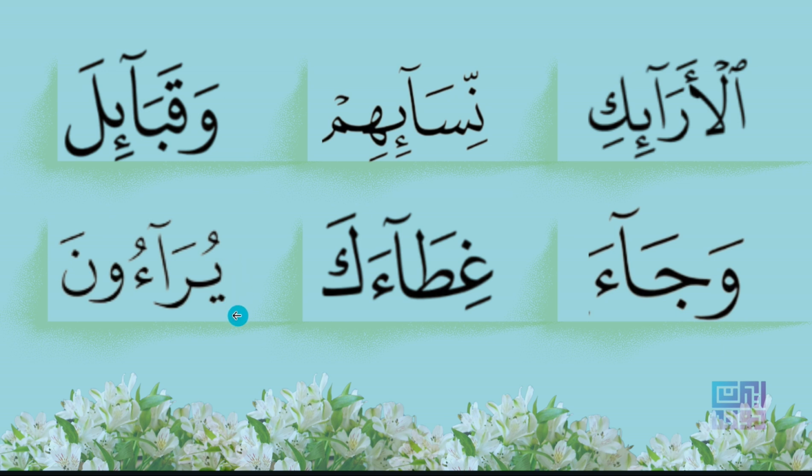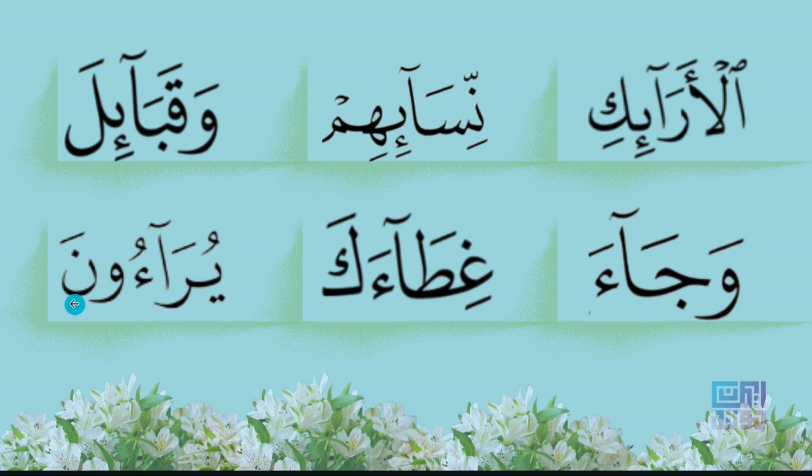And let's take this last word here. Ya dhamma, yu. And then we have a ra fatha alif. Ra, yura. But there's a hamza coming after harf al-mad. Then it's going to be yura'una. You see here we have a hamza dhamma with a waw sukun before it. So it's going to be pronounced oo. 2 counts. This one is 4 counts and this one is just 2 counts.